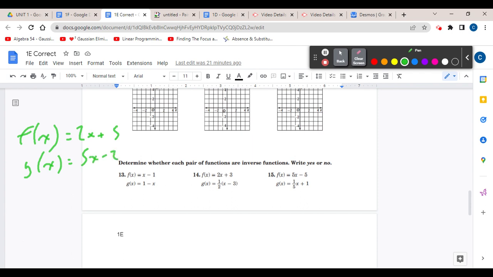Now, we want to find out, are these inverses? The inverse would be x equals 2y plus 5, if we just take this and flip the x and y. Now we're checking to see if g of x is the inverse of f of x, so we can type in x equals 2y plus 5 here.